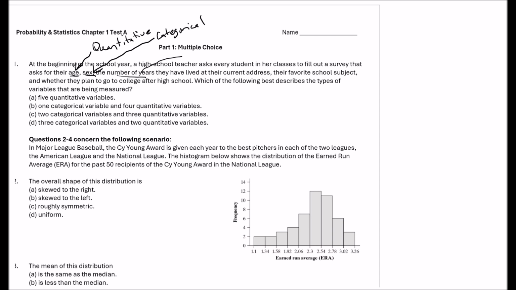Number of years, that's quantitative. I'll just use Q for that. Their favorite school subject, that's categorical. Whether they plan to go to college after high school, that's another categorical. So here we see there are 3 categoricals and 2 quantitatives. So the answer is D.